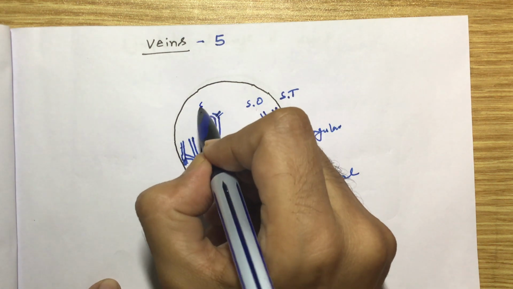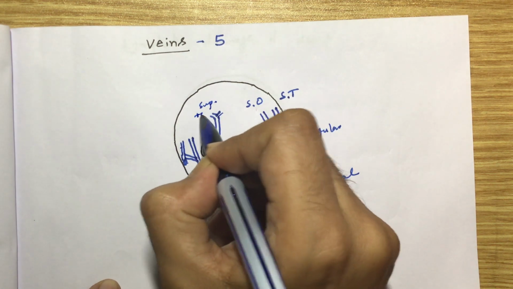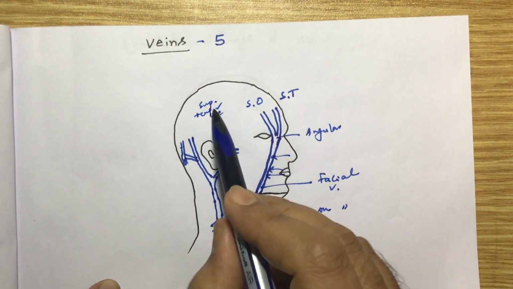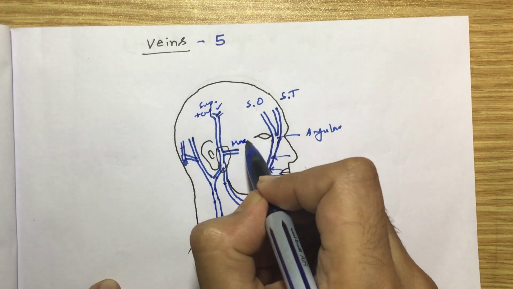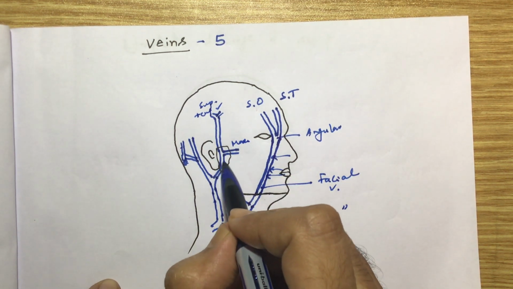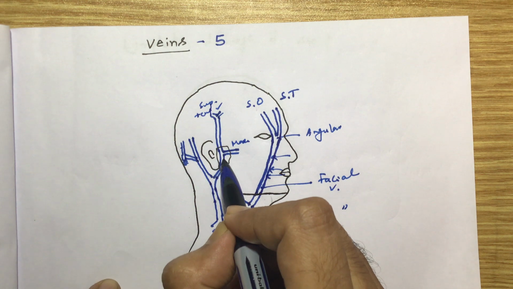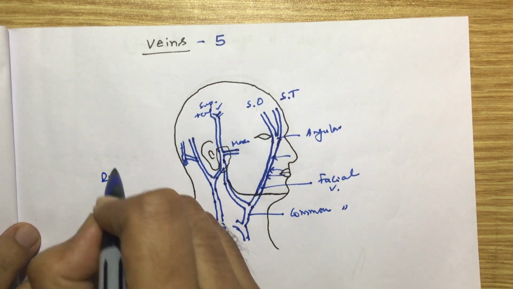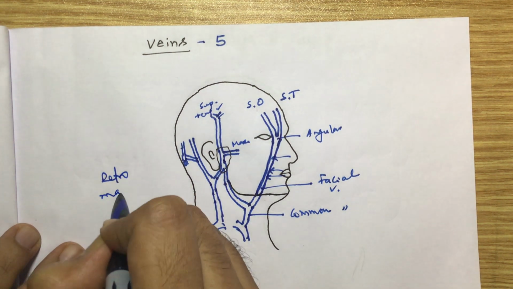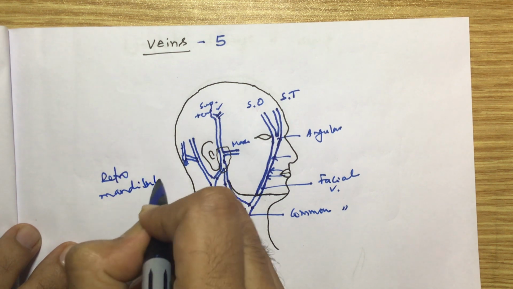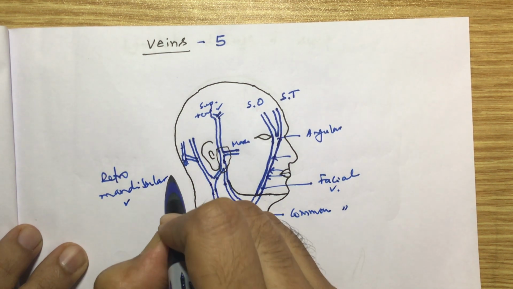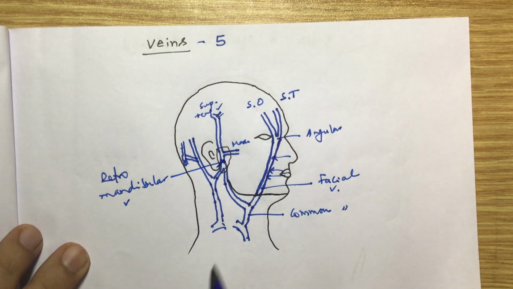It is the superficial temporal vein. It is the maxillary vein. It will unite with that to form the retromandibular vein. This one.